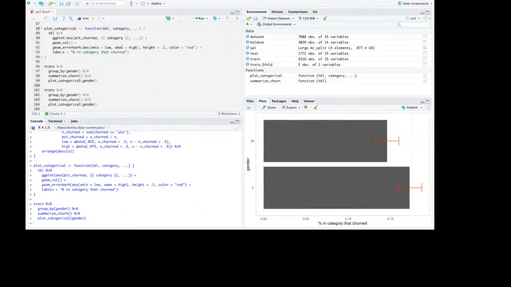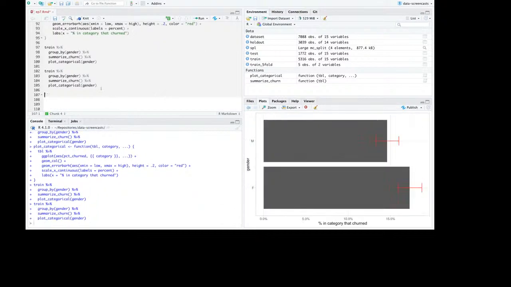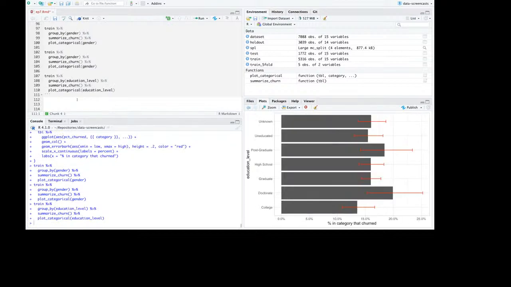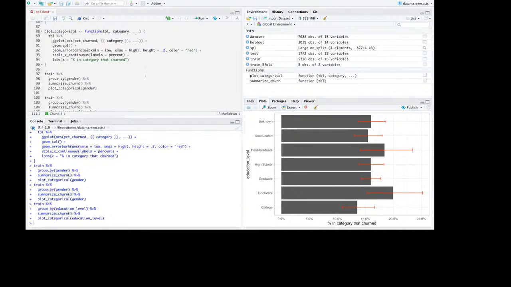And that doesn't look good until I have scale x continuous labels equals percent. See, I want to get a quick machine of being able to say, okay, I've got gender, now I've got education, and this one is not going to look as good because it's going to be alphabetical, and I might want to start by sorting it.